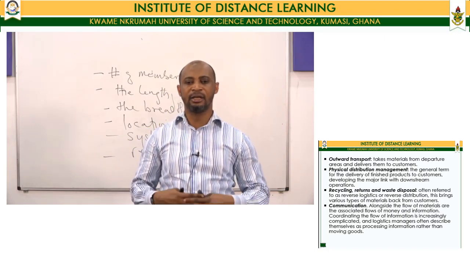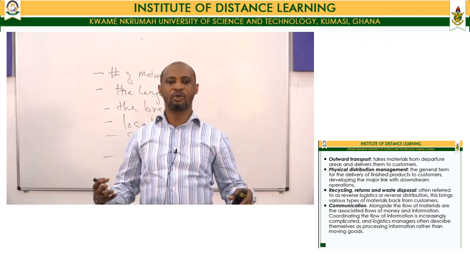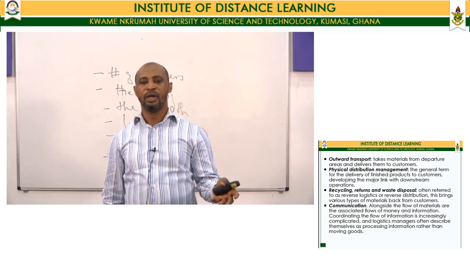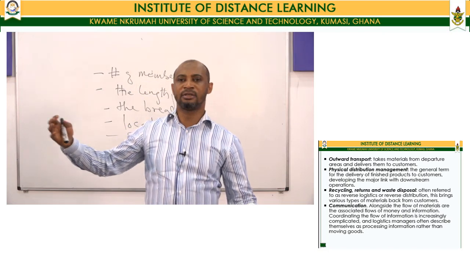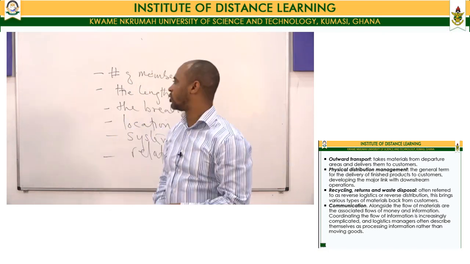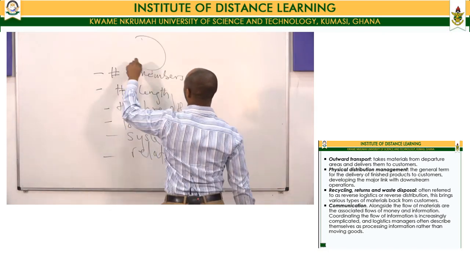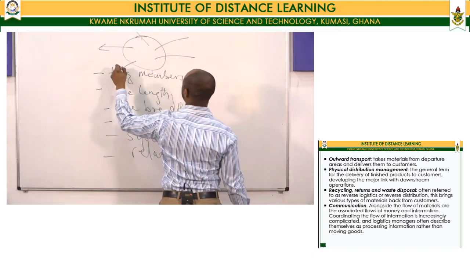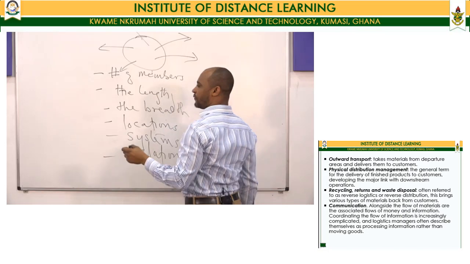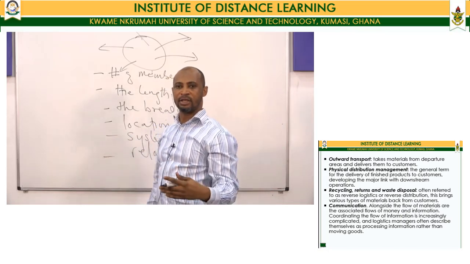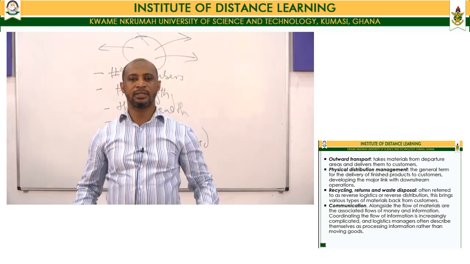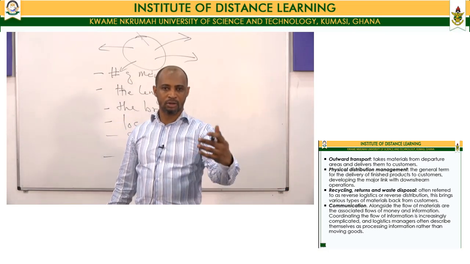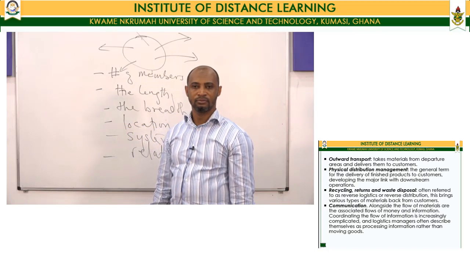Then we have recycling, returns, and waste management. This is often referred to as reverse logistics or reverse distribution. And normally, it is bringing back. So this is the organization doing forward logistics. Forward logistics will normally take products away, otherwise referred to as outward transport.